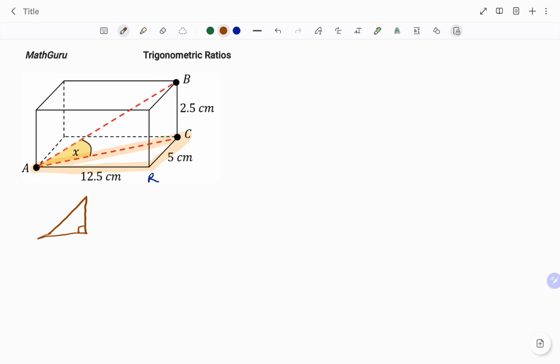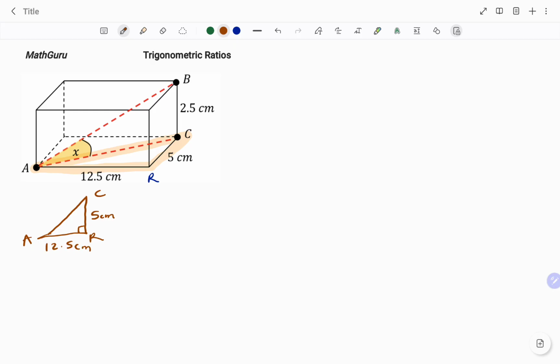So even though that wasn't given, I know that the angle at R is a right angle, which is 90 degrees. So I have A, R, and C with the dimensions 5 centimeters and 12.5 centimeters.